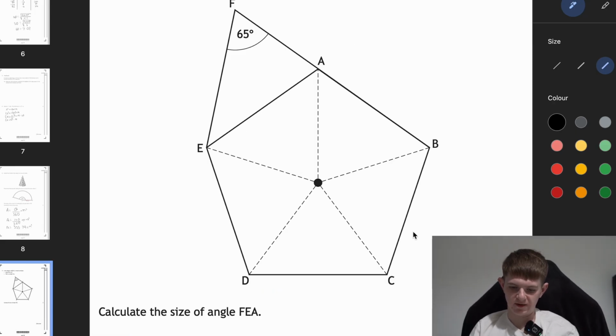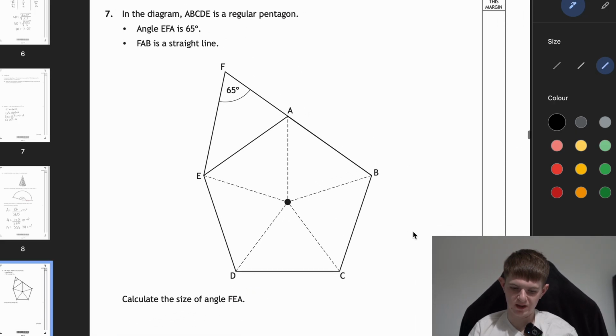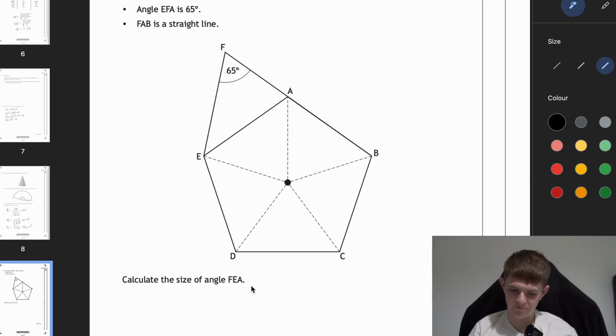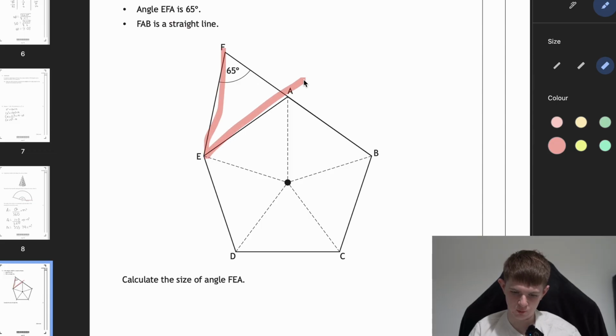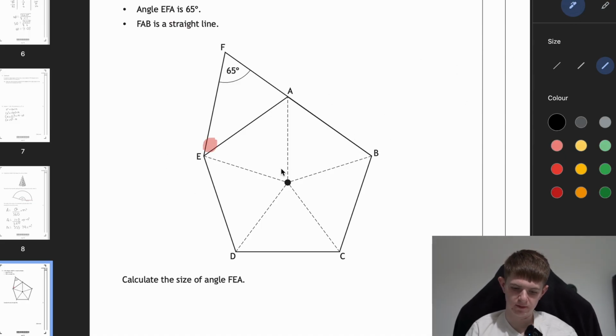Okay, so question 7. We angles question. We're trying to find the angle FEA. So F to E to A. So essentially the angle in here. So the angle that we are trying to find is this one right here. I know that in a full turn you get 360 degrees. We've got 1, 2, 3, 4, 5 here.